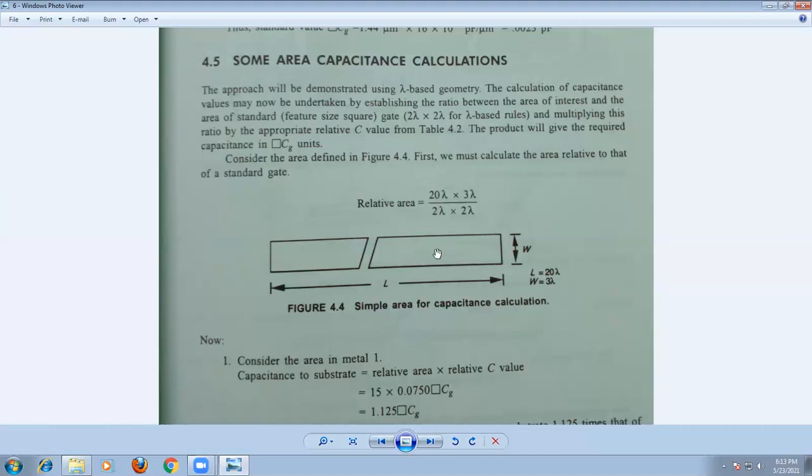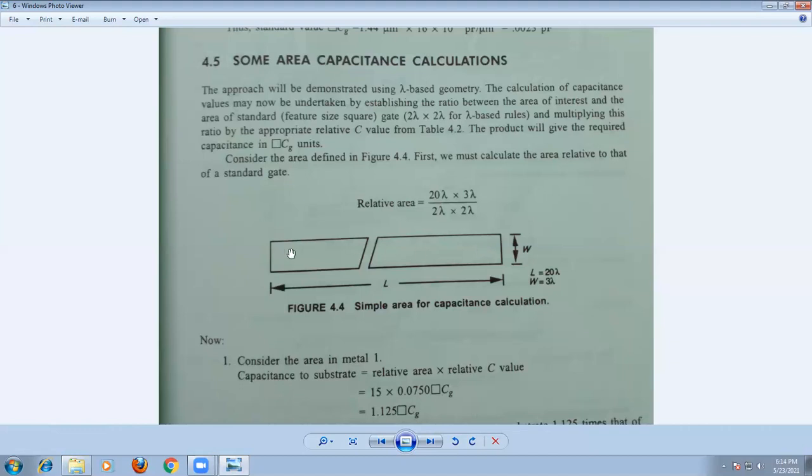Assume it is given that the length of this layer is L equal to 20 times lambda and the width is 3 times lambda. So the length and width of the layer are given. Once they are given, first you can calculate the relative area.